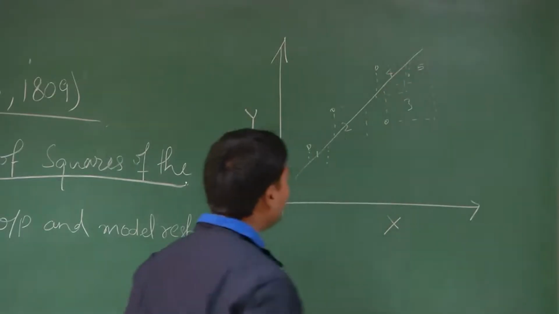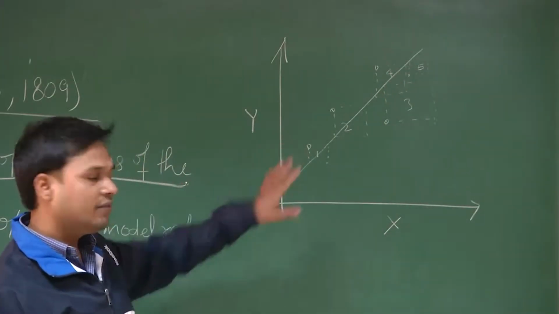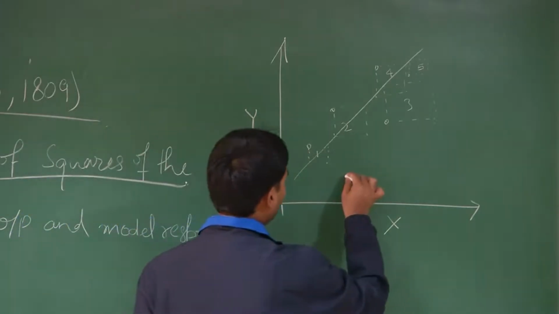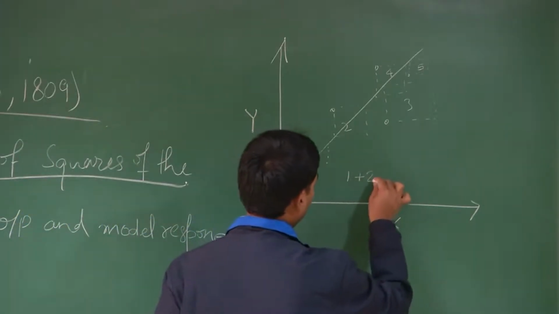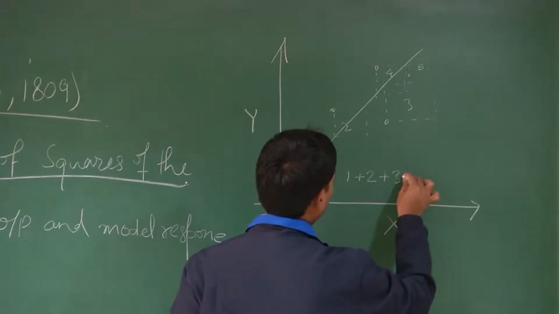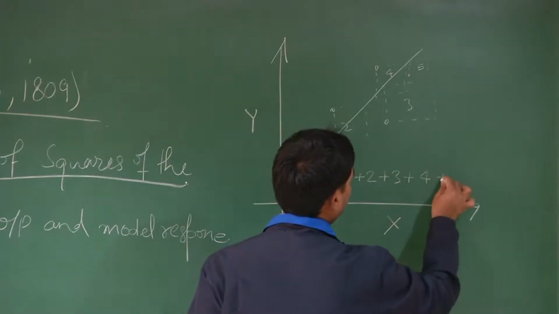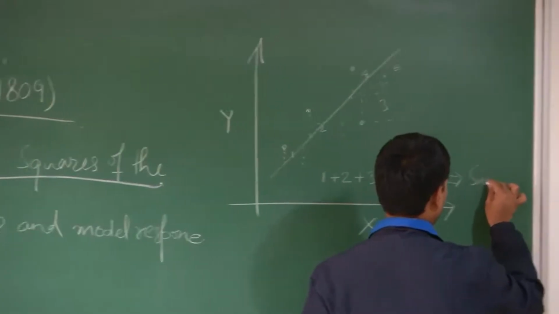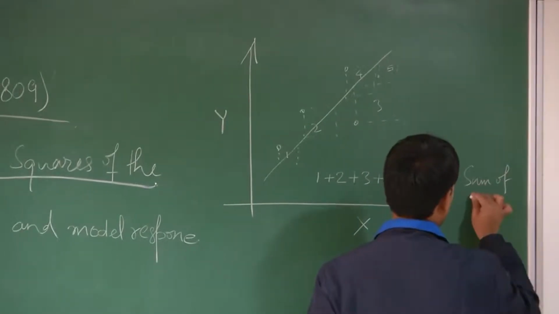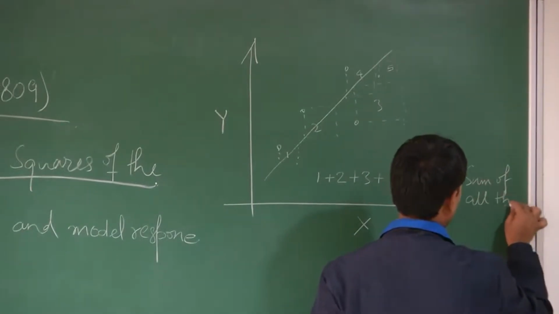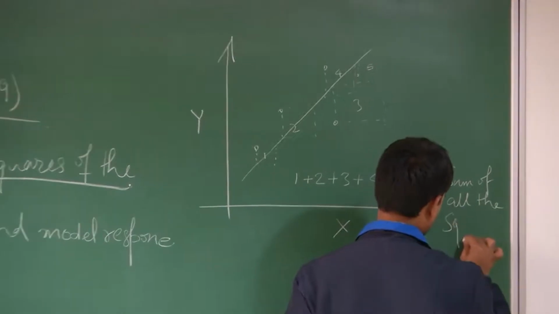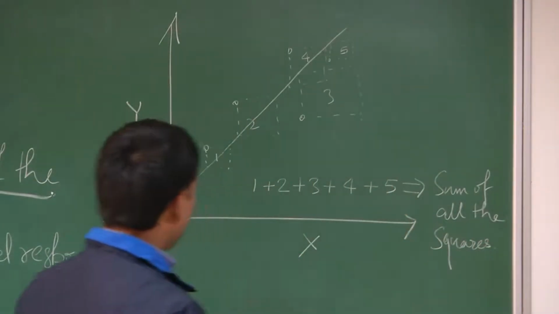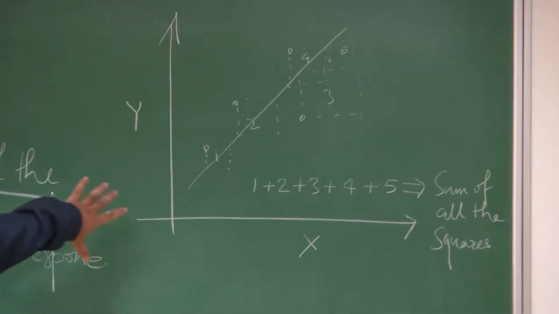You have 5 different squares now. Summation of squares means you are adding all the squares: square 1 plus square 2, third square, fourth square, and fifth square. It is the sum of all the squares.